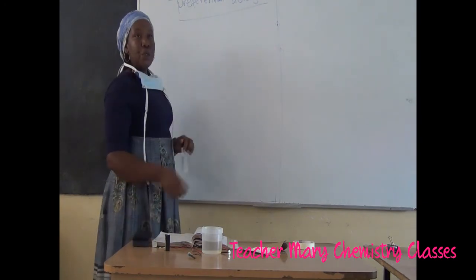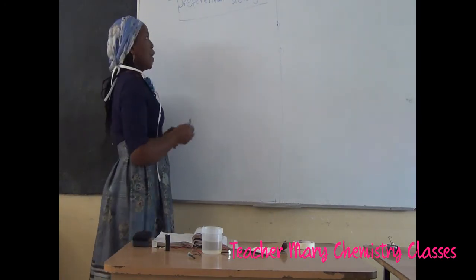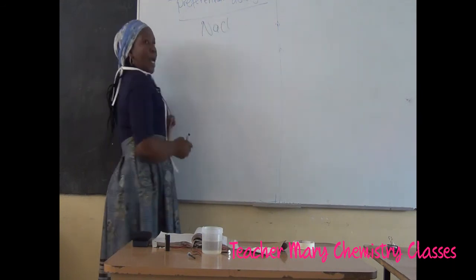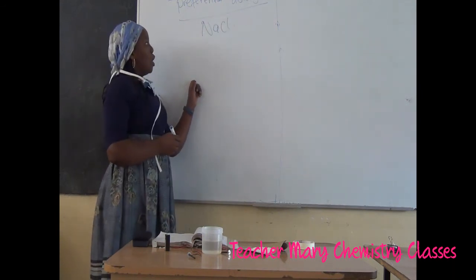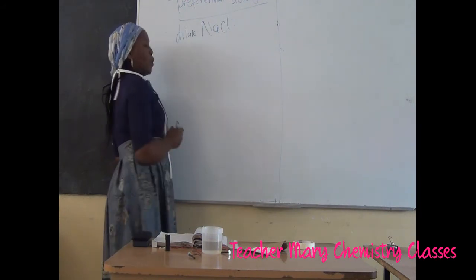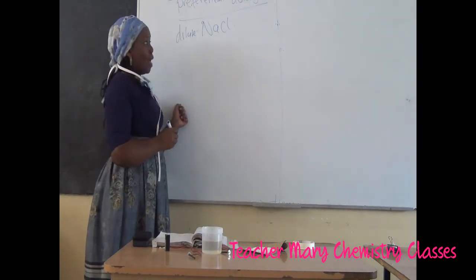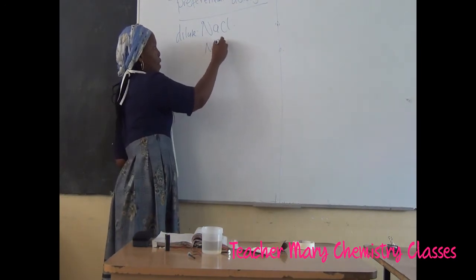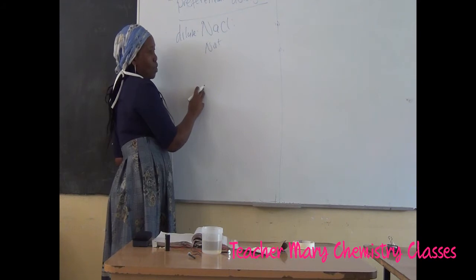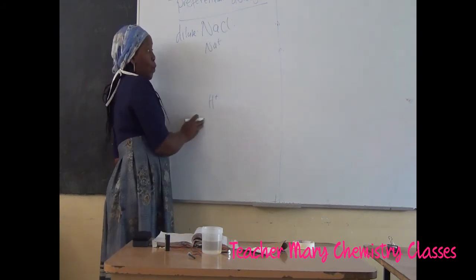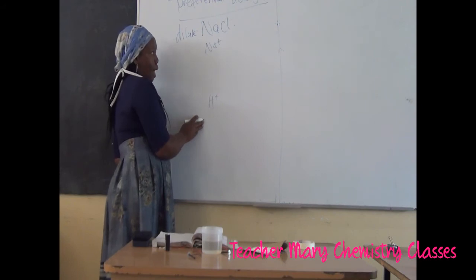We are still going to use our example of sodium chloride. In the previous one, we looked at dilute sodium chloride, and we discovered that sodium is very high on the reactivity series, and hydrogen ions being very low will be preferentially discharged.